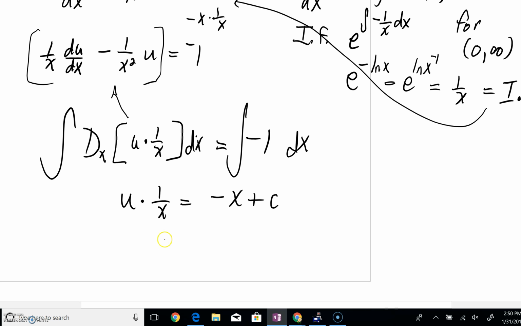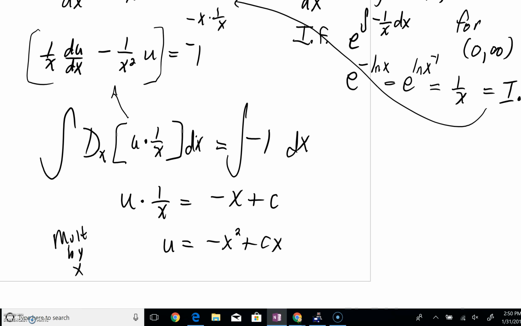Then what? How about we multiply by x? We can do that real quickly. We'll have u is equal to negative x squared plus c times x. Well, if we had a function of u, we'd be done.